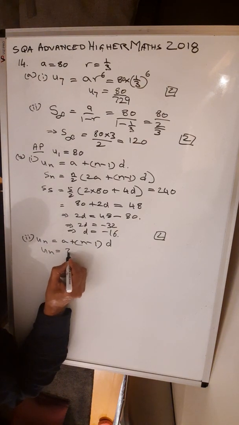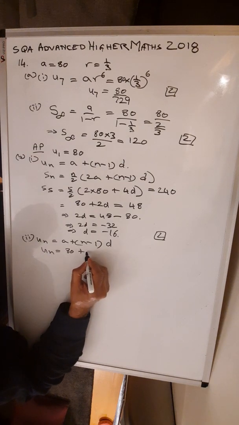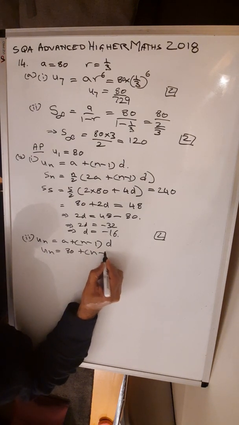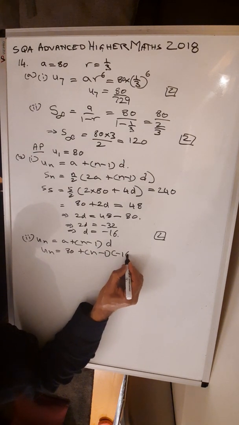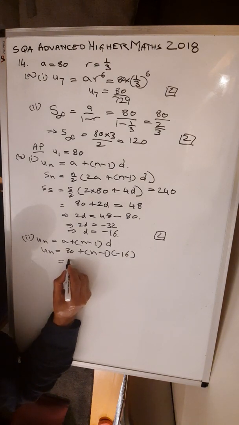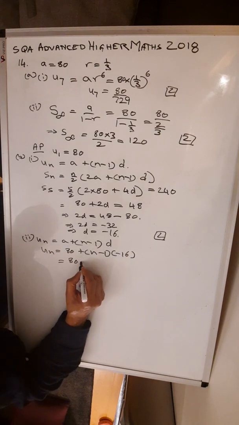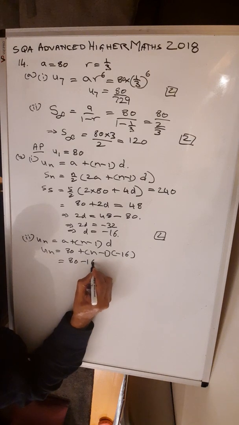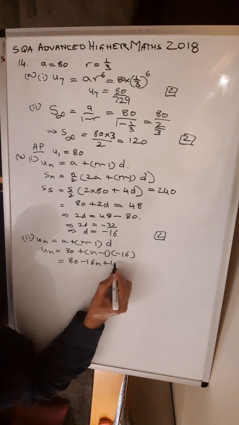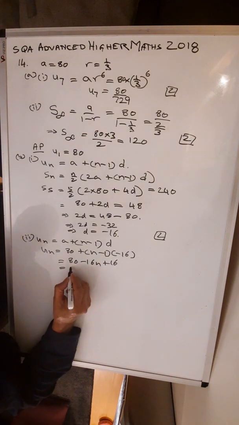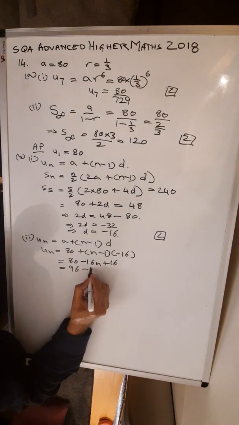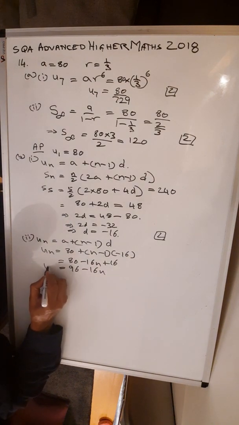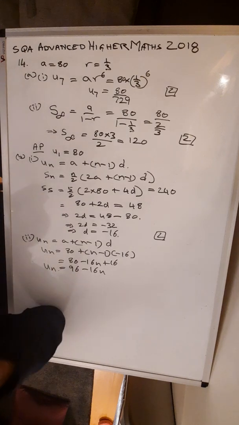Un is 80 plus n minus 1 times minus 16, which is equal to 80 minus 16n plus 16, which is 96 minus 16n. So Un is 96 minus 16n.